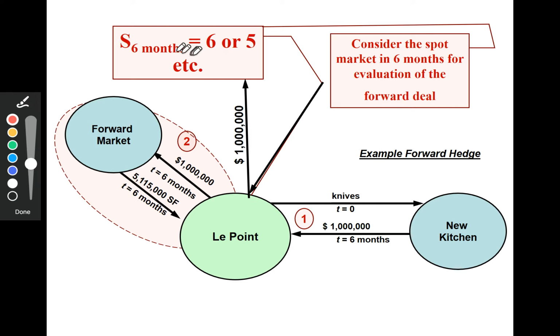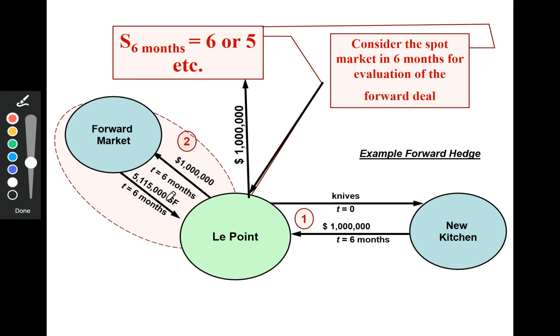Let's say the rate is 5 Swiss francs per dollar. In that case, we give 5 million Swiss francs, and the spot market gives us $1 million. We turn around and give the $1 million to the forward market, and we have performed on our contract. And forward market gives us 5,115,000 Swiss franc. And by the way, we just made 115,000 Swiss francs from this deal.